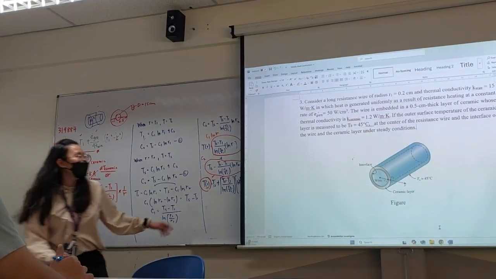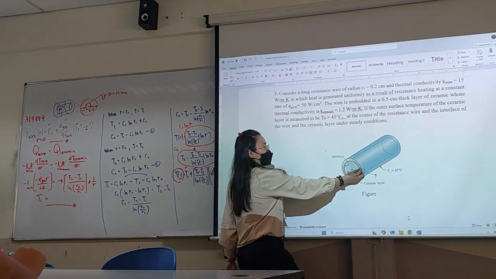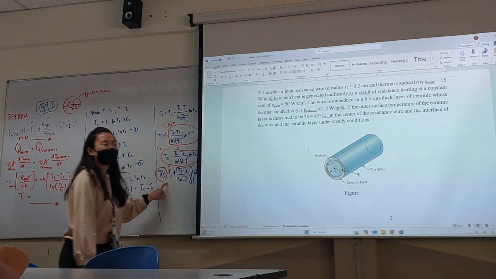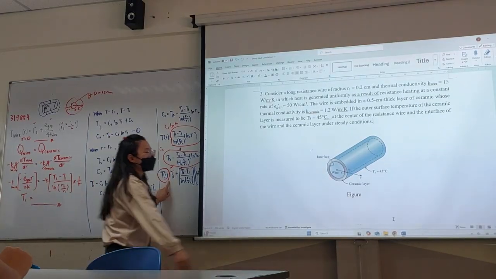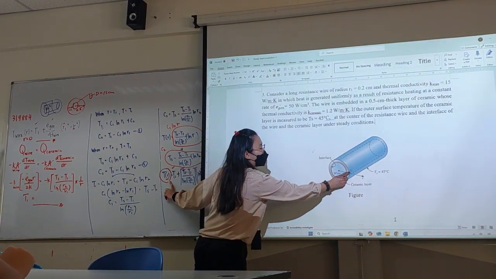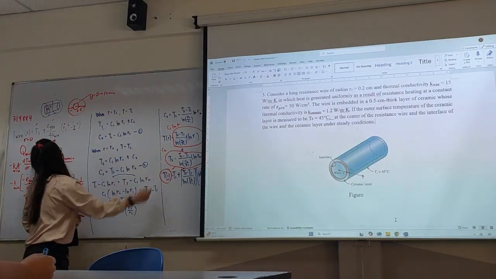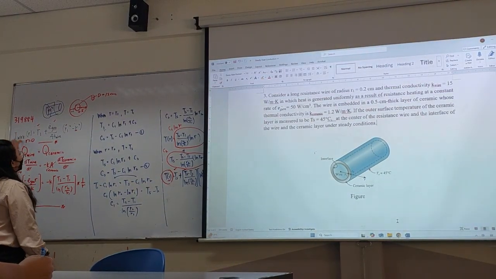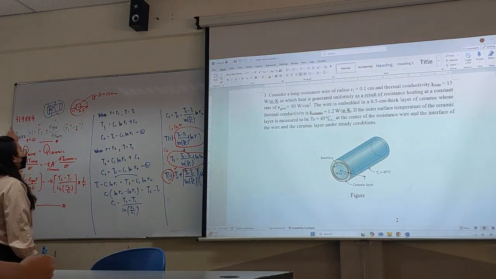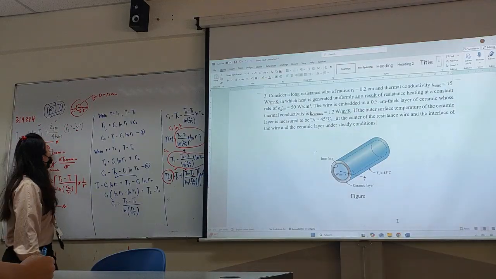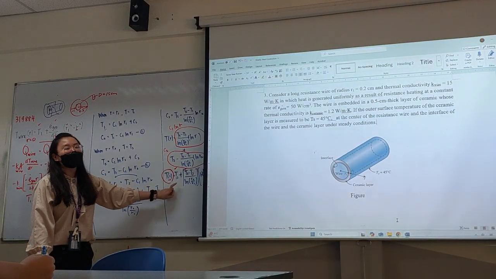If it's within the ceramic, between R1 and R2, then you use this equation. If it's within the wire, then you use the wire equation. So this equation is only applicable for wire, and the other is applicable for ceramic only.